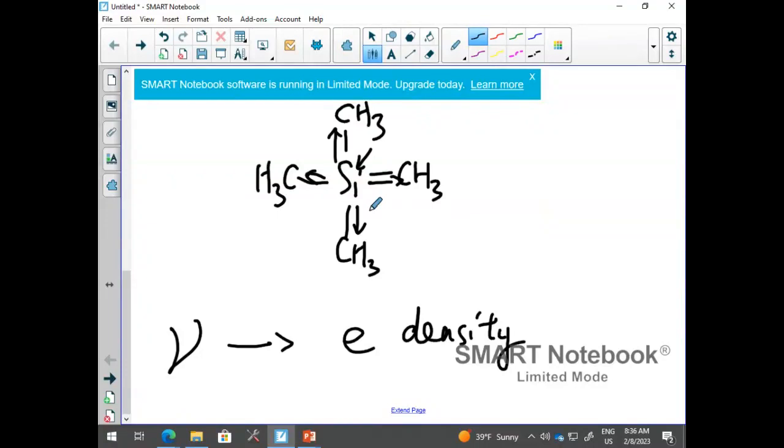Low electron density means a higher resonance frequency. That makes it convenient to set the chemical shift of this compound as 0, so pretty much all the protons you see will have a positive chemical shift. This is just convenient.